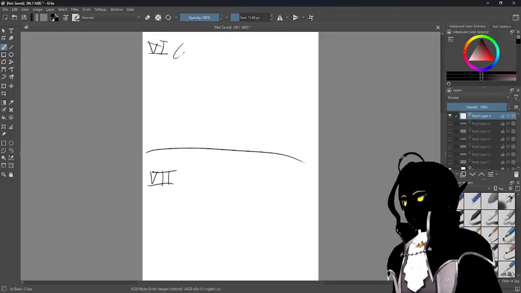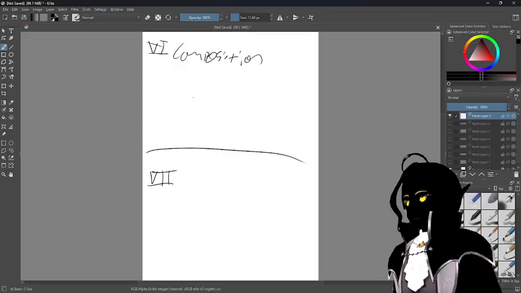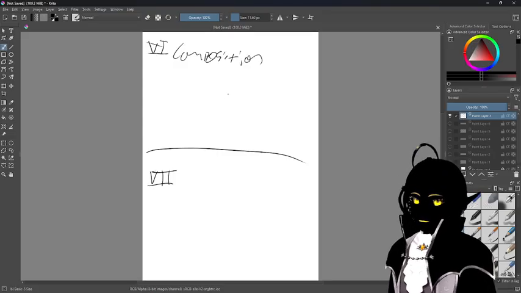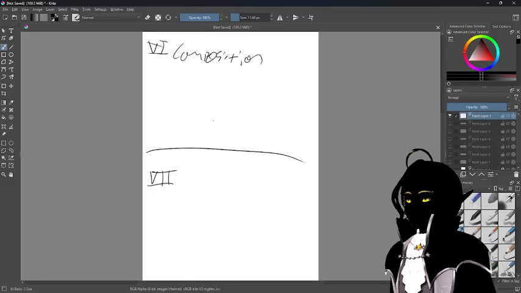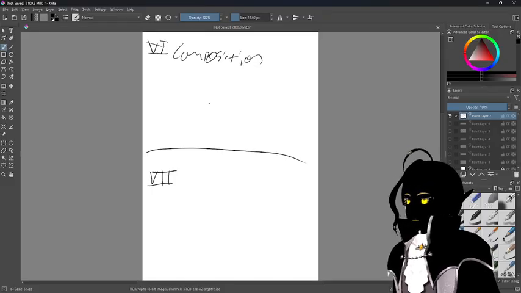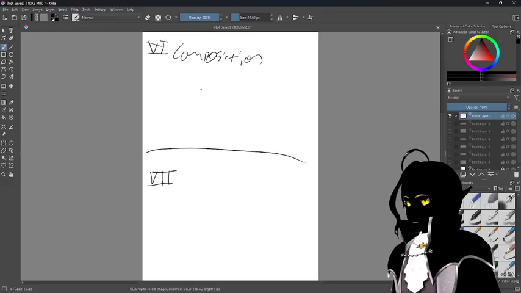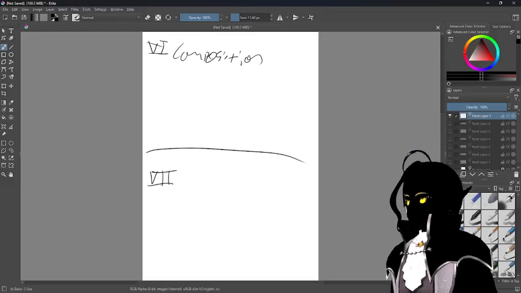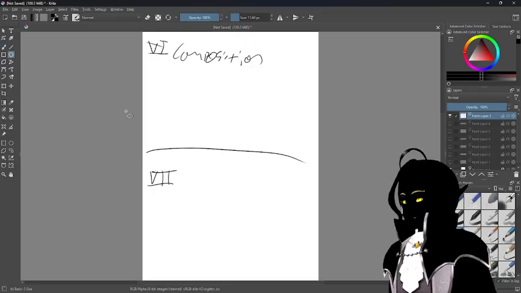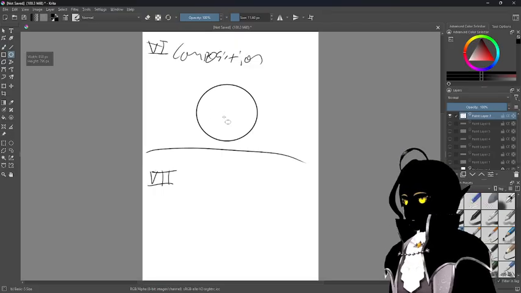Bam. So composition. Now I can actually do a fairly simple diagram for this. Sorry, my throat is very ticklish right now. But let's say I have a group of people or a selection of things, right?